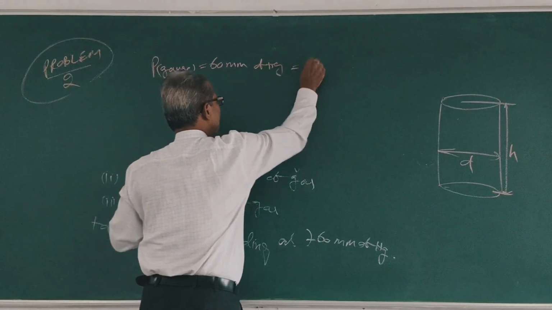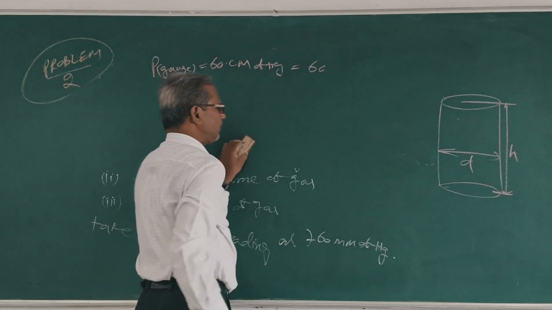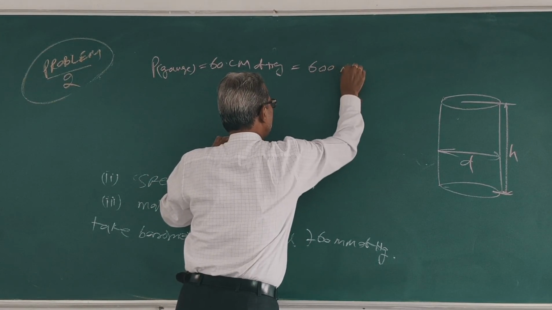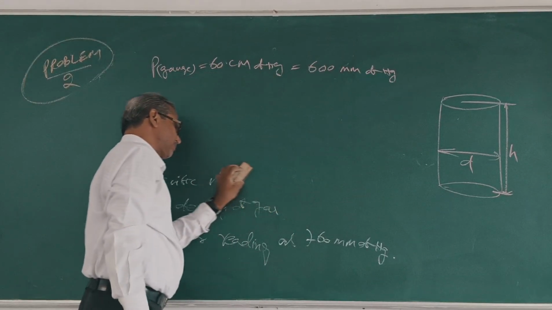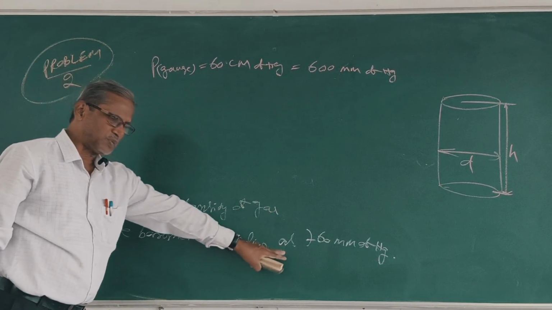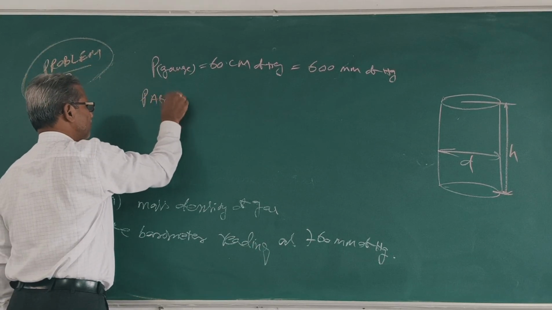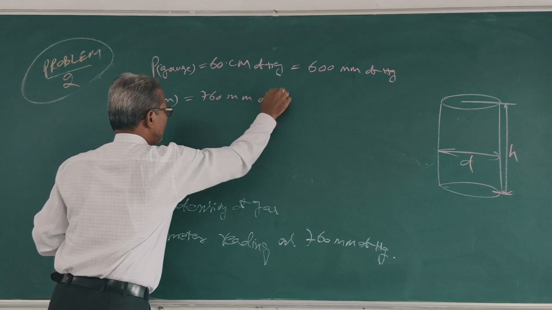Clear? 60 cm of Hg, not mm. This is 600 mm of Hg. Clear? This is P gauge. P atmospheric is 760 mm of Hg.